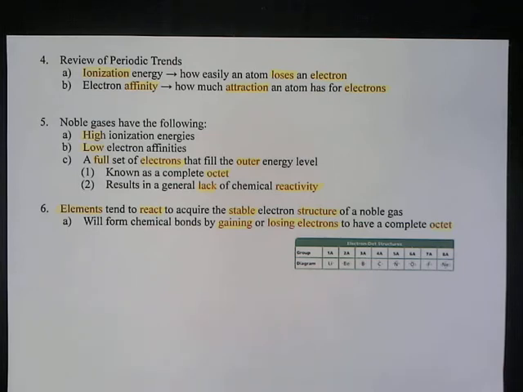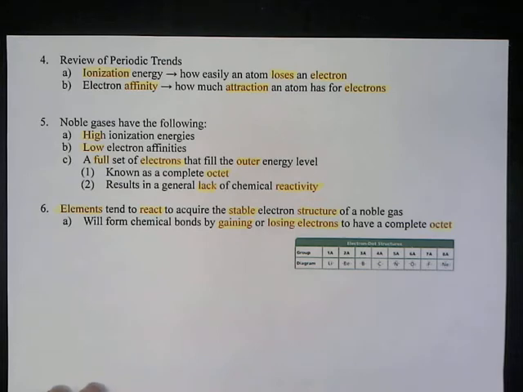The reason elements react is that they want to gain that full set of 8 electrons and be like the cool kids club of the noble gases, with a full set of electrons in their outer energy levels. Atoms want to be like the noble gases.